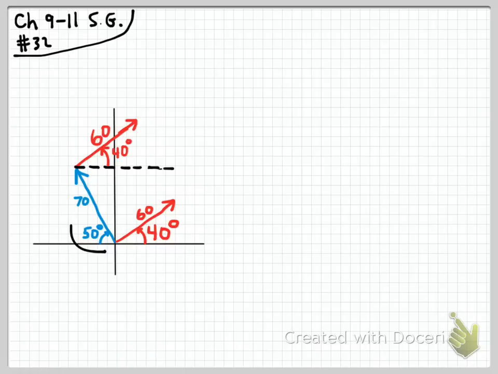Whereas this angle is the same angle as the one you see down below as well. It's 50 degrees. So the 50-degree angles are alternate interior angles, and the 40-degree angles are the corresponding angles, based on what you learned in geometry. So we can see that this is actually a 90-degree angle, which makes it a little bit easier to do what we need to do.